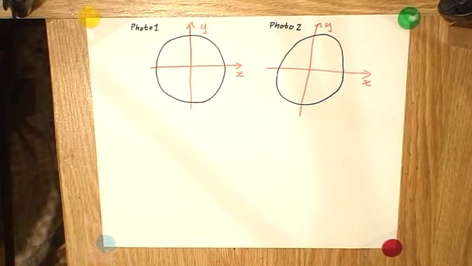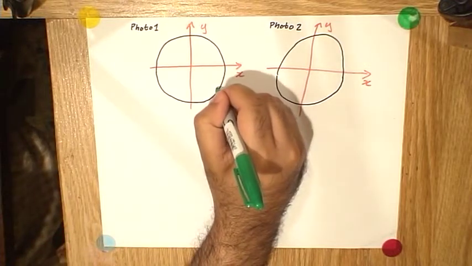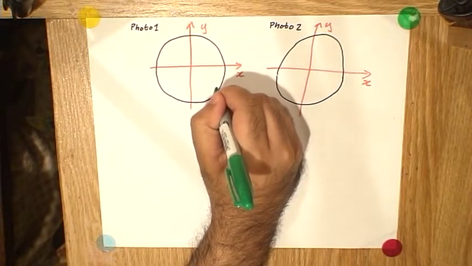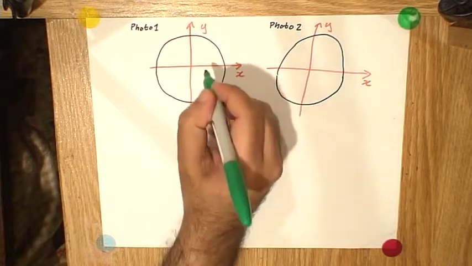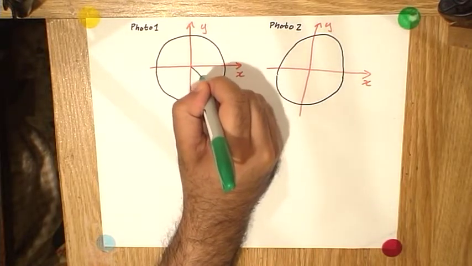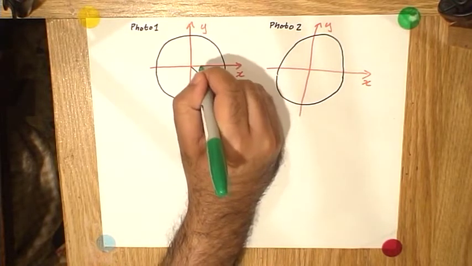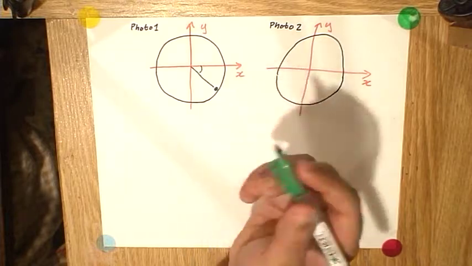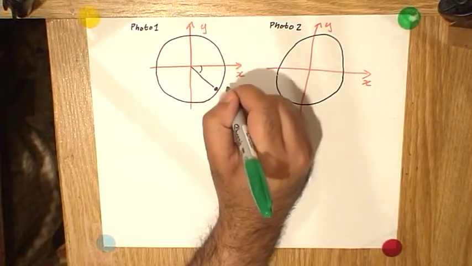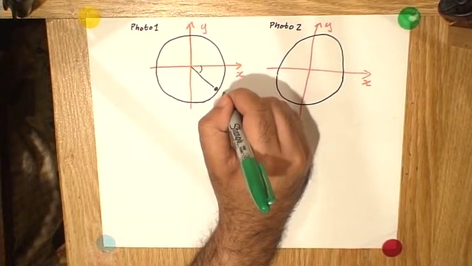In photo 1, the marker was located at an angle of 45 degrees below the x-axis, so that's actually negative 45 degrees, so that would be negative pi over 4 radians.